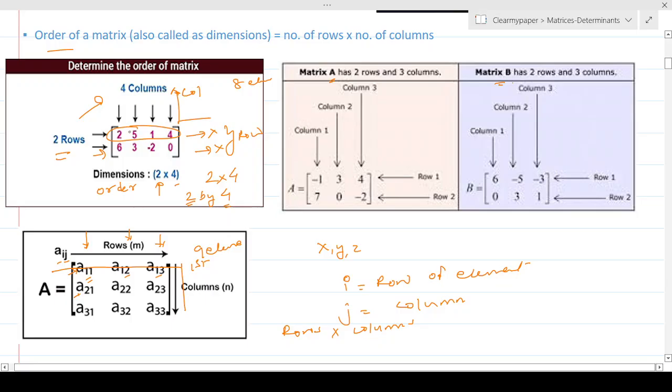You'll see where it comes in handy in terms of which element you're talking about. Because here you cannot say, I want to talk about row 1 and column 5. You can just say, I'm talking about A2,2, which the computer will understand is an element in the second row and second column. So that's the concept of the order of a matrix.